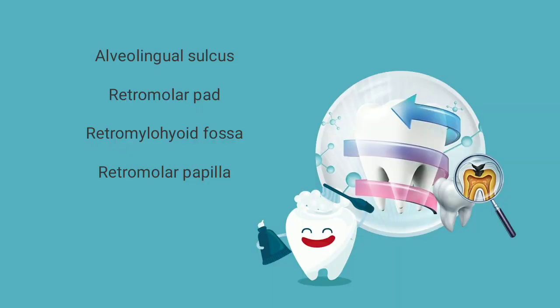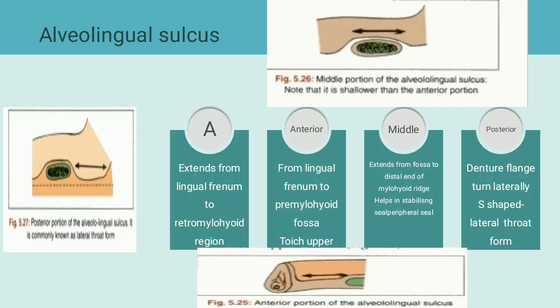Next, the alveolingual sulcus, a limiting structure of the mandible. It extends from the lingual frenum to the retromylohyoid region. It has three parts: anterior, middle and posterior.